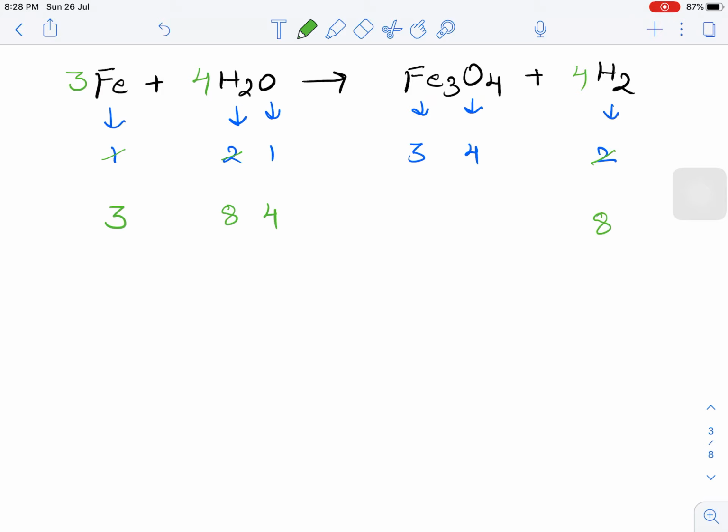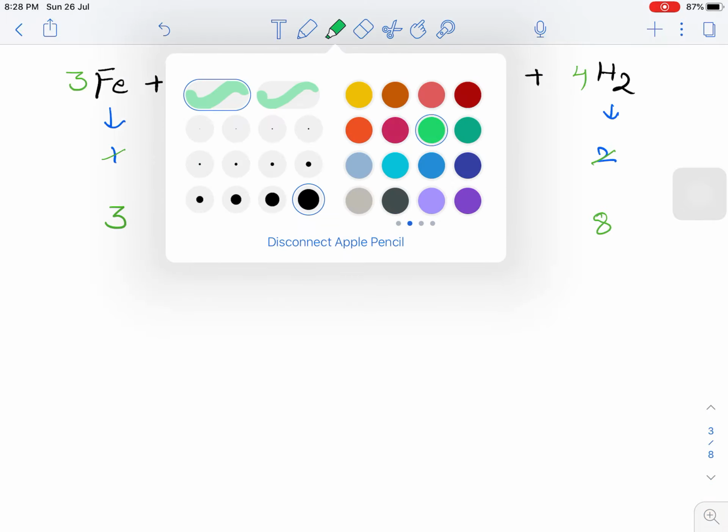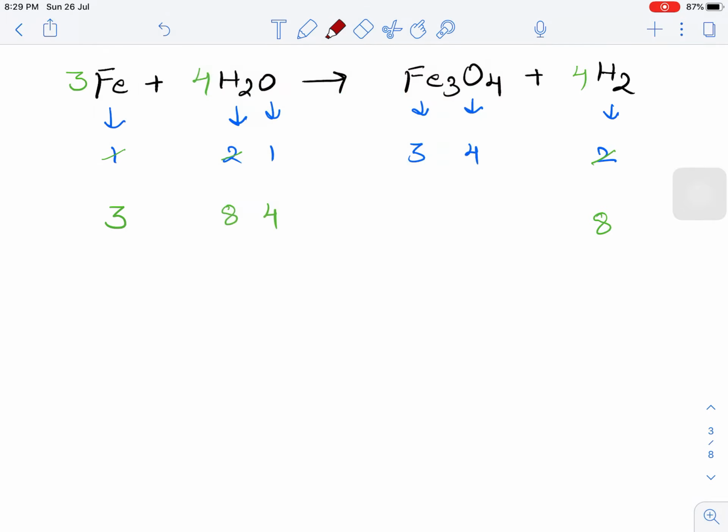Now again check, do we have the same number of atoms or not? We are going to highlight it with this red color. Now 3 irons, that is 3 Fe. So yes, we have 3 Fe, so the number of irons is balanced.